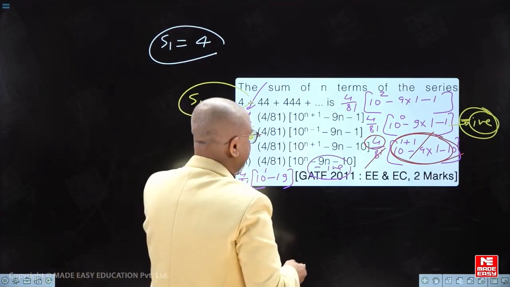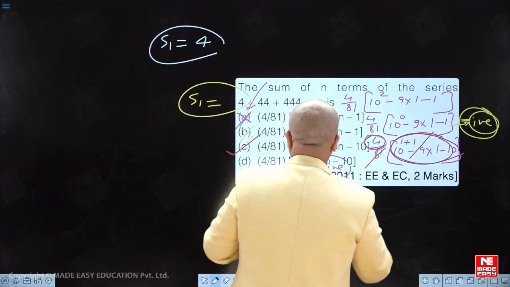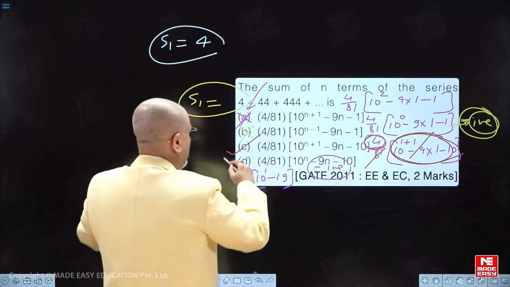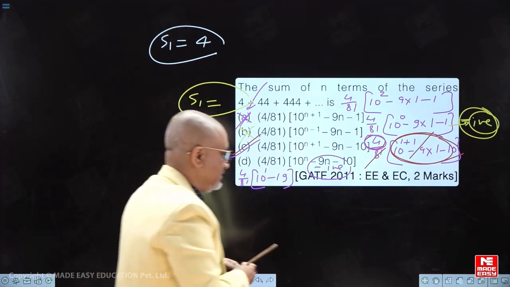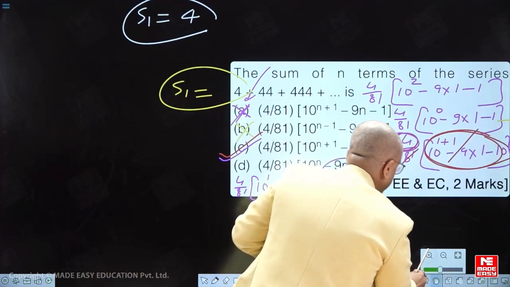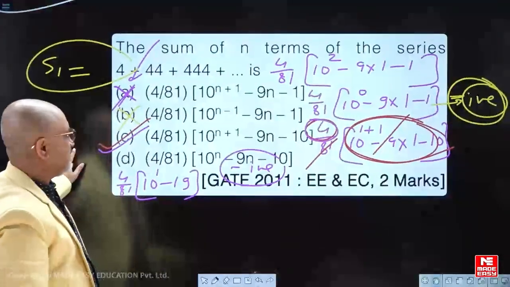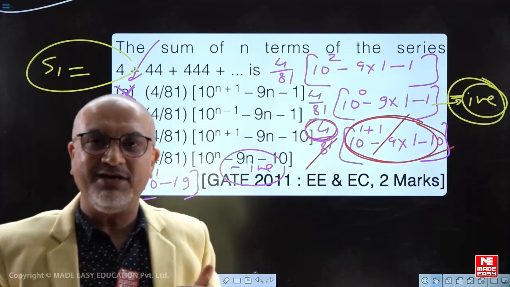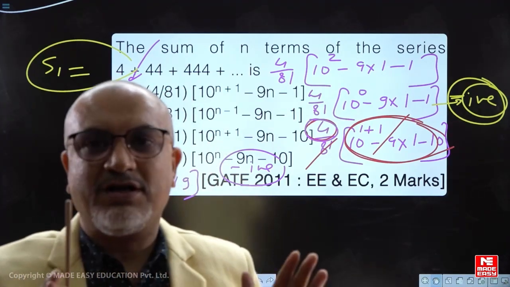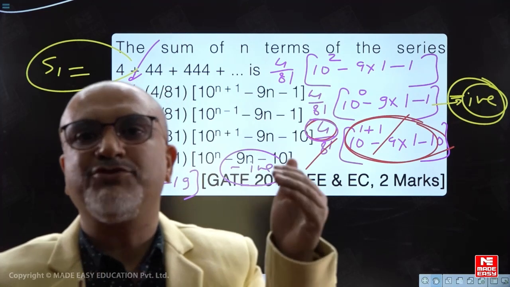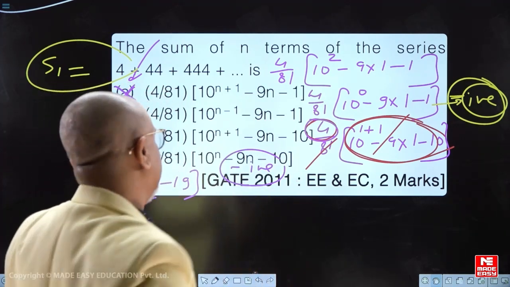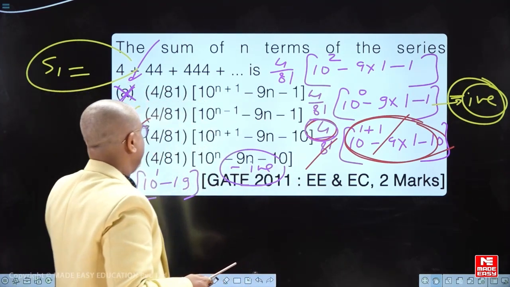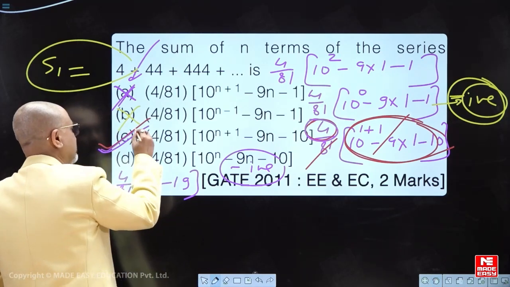And option C is coming out to be 4. Sum up till first term is coming out to be 4 through option C. And through option D, it is again coming out to be negative. Sum is not coming out to be 4 in options A, B and D. Hence, the answer is option C.